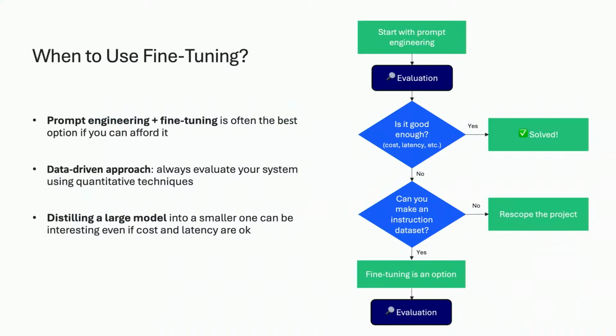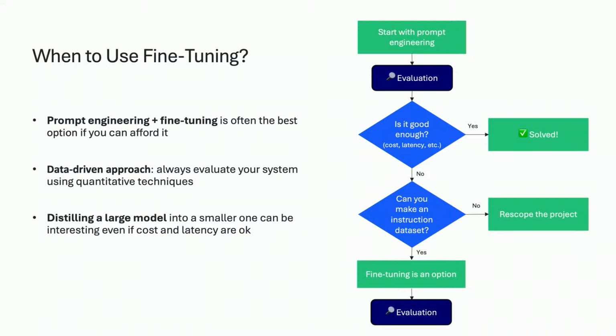So when to use fine-tuning, here you can see a little flow chart that I've made. It's very high level, but basically there's a conversation about when to use prompt engineering, when to use fine-tuning. I think it's good in general to start with prompt engineering if you can, and the idea is to have a really robust evaluation structure where you have a lot of different metrics that you're interested in.